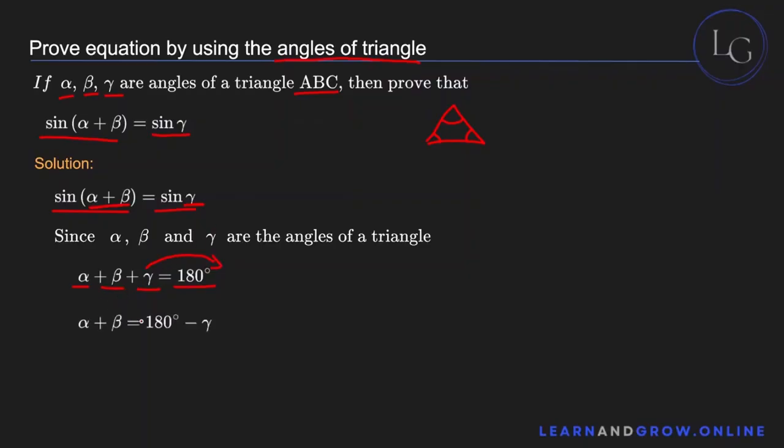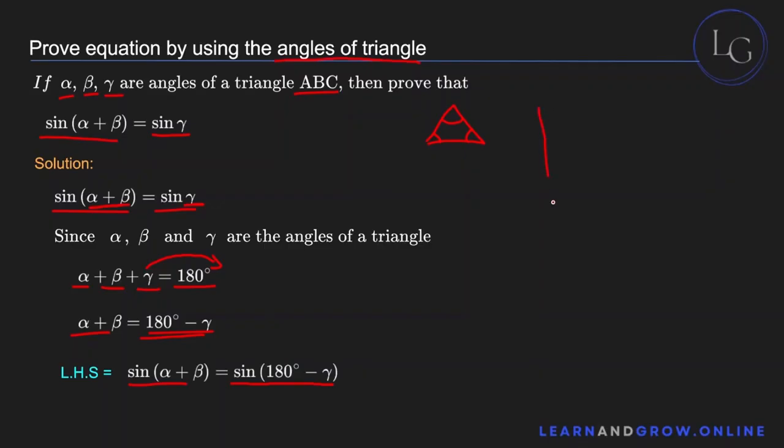And that gives you alpha plus beta is equal to 180 minus gamma. Now apply the sine function on the left hand side and the right hand side. That means sine alpha plus beta is equal to sine 180 minus gamma. And as you know, sine 180 minus anything gives you, sorry, not minus sine, just sine of that anything.